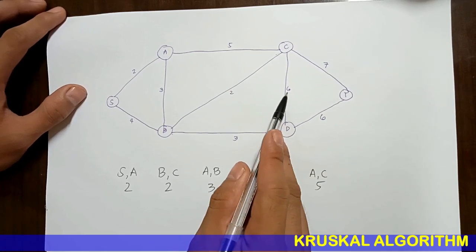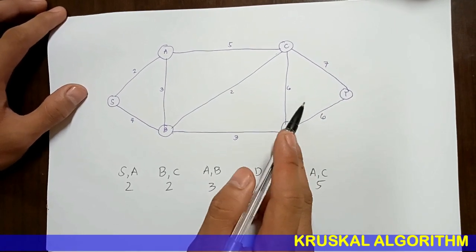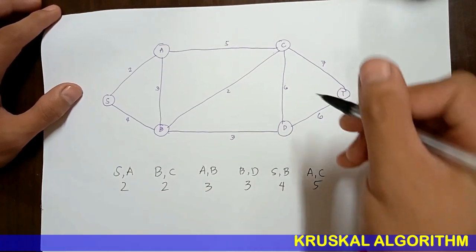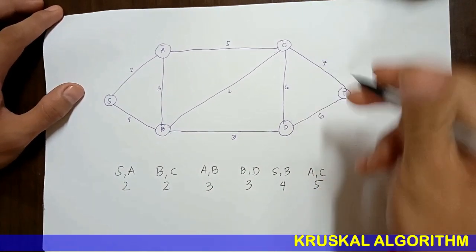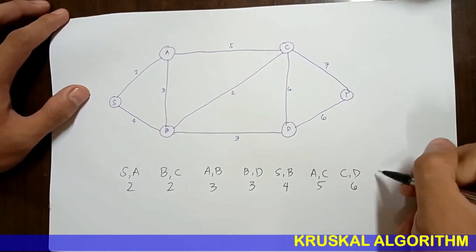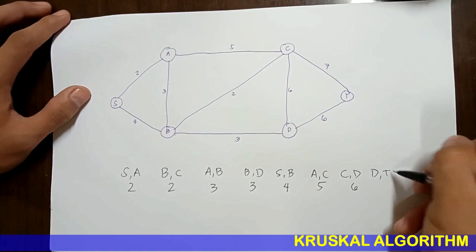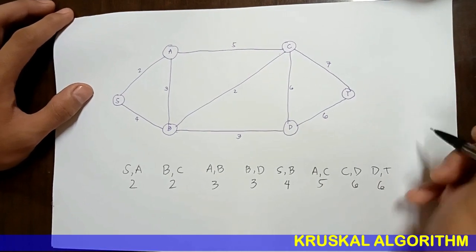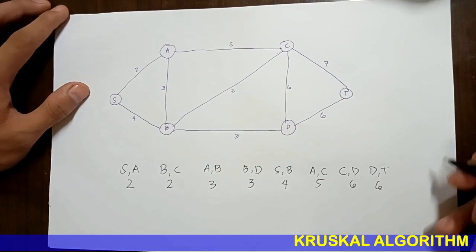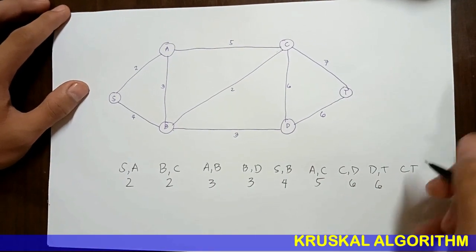We also have the same weight cost of 6 with two edges. As I said, either of the two. We have edges CD and DT. Finally, the last edge with the highest weighted cost, 7, is edge CT.